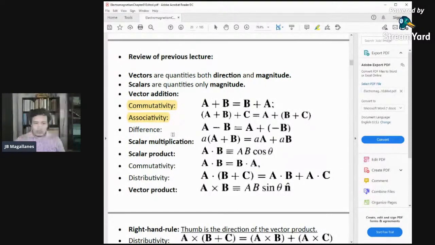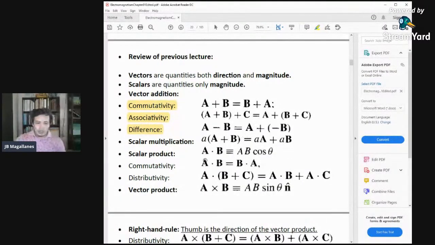For the difference of two vectors, the difference would just be equal to the sum plus the negative of B, meaning the B here has an opposite direction. So if you have an A here and a B here, to get a difference, your B should now be different.